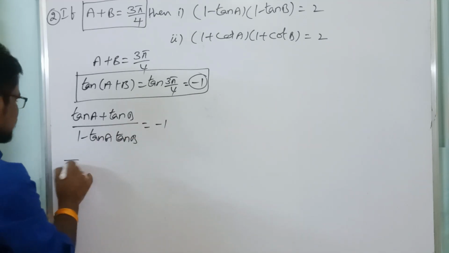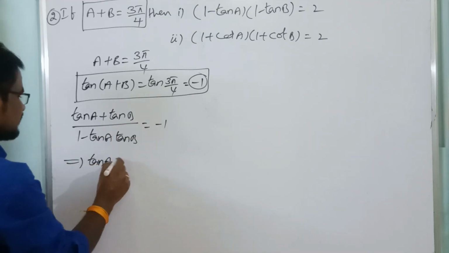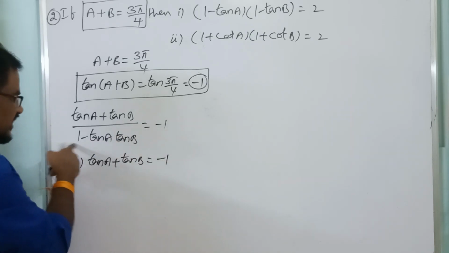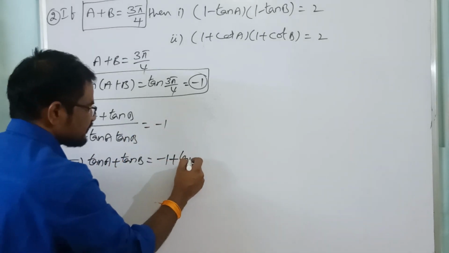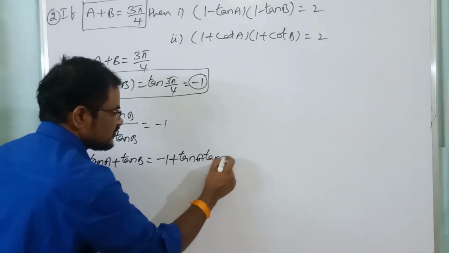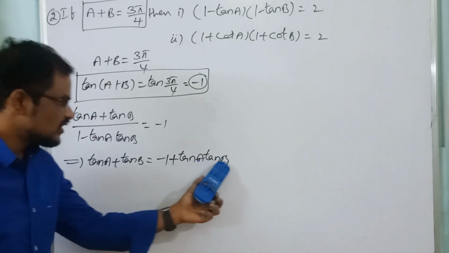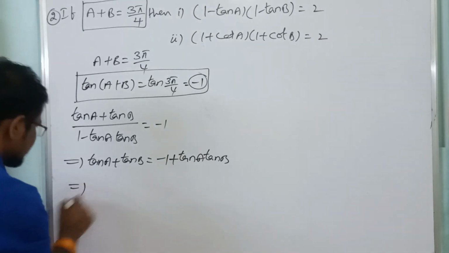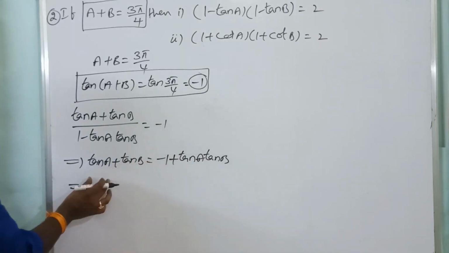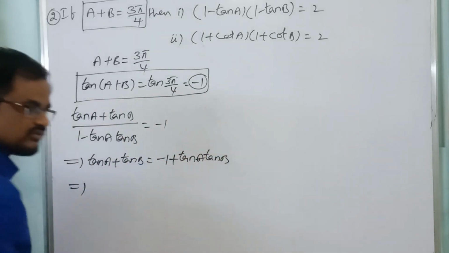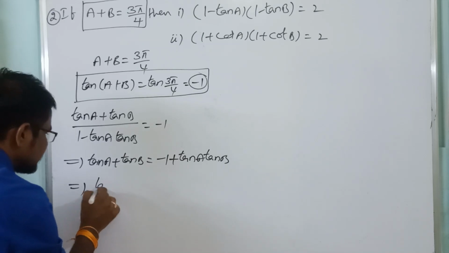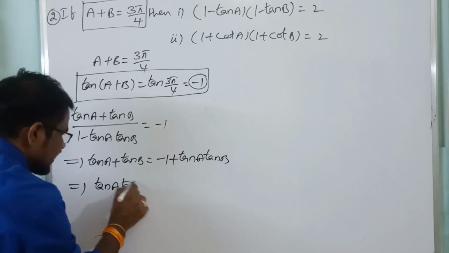Cross multiplication: tan A plus tan B equals minus 1 into 1 minus tan A tan B. Bring this term to this side, and the tan A tan B to that side.